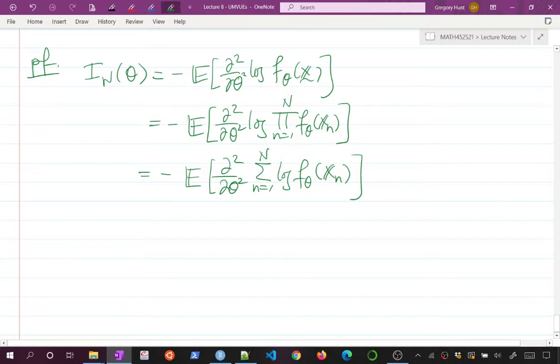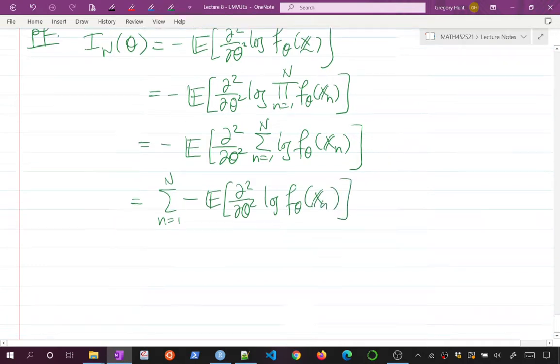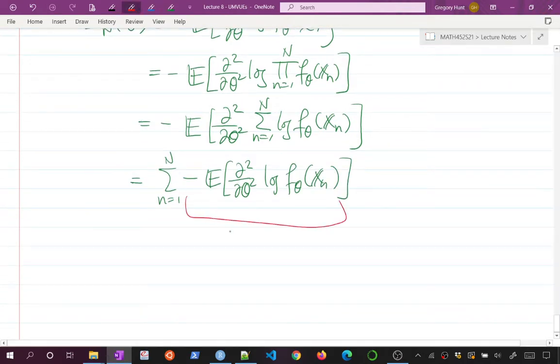Expectation is linear, and so is differentiation. So I can pull that sum all the way out. This is the sum up to n of the negative expected value of the second derivative with respect to theta of the log. And this is just the information contained in each. They all have the same distribution, so they all have I of theta information, and we sum it up n times, we get n times I of theta.